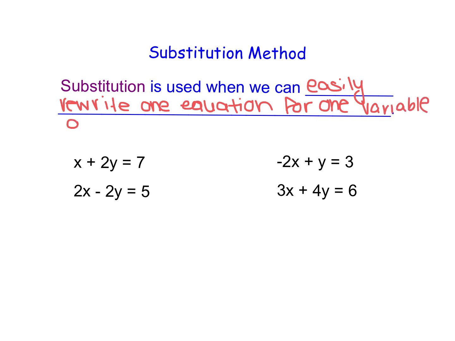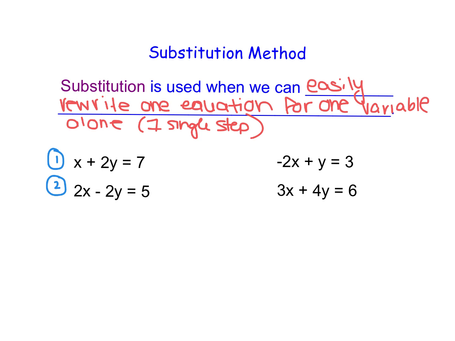And typically this means that we can do it in one single step. So what I mean by this is if we look at these two examples down below, what we'll notice in this first example is we have two equations with the same variables, so we know it's a system of equations.